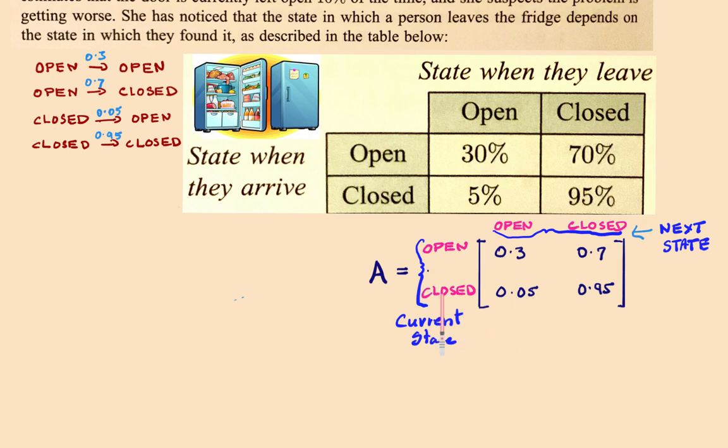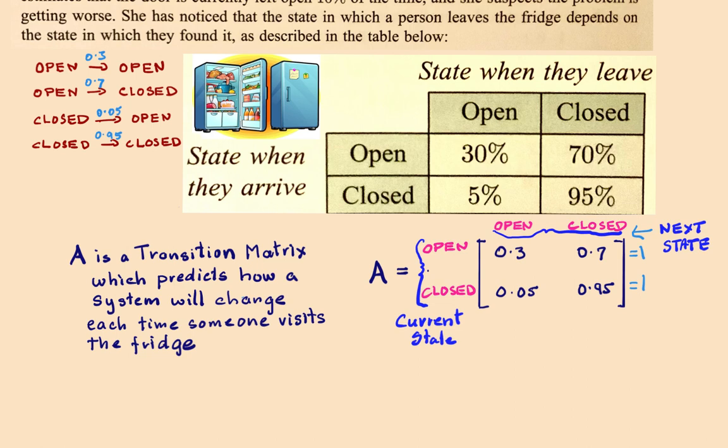And also if the current state is closed, the probability of it being closed is 0.95. This is what we call the transition matrix. You'll notice that each row adds up to a probability of 1. And so A is a transition matrix which predicts how the system will change each time someone visits the fridge.